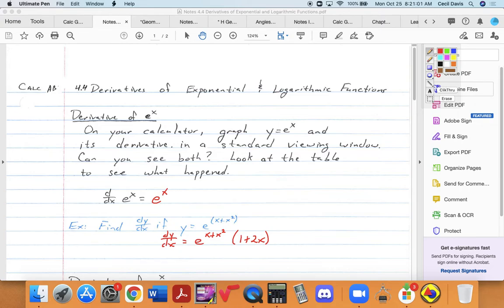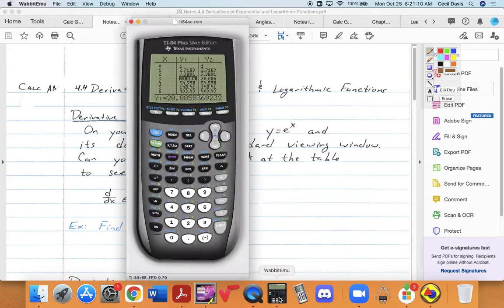Okay, now the question becomes, what if the base is not e? So go back to your calculator real quick. Let's make this y equal to 3 to the x. That looks somewhat off. I can see the red and blue mingling.